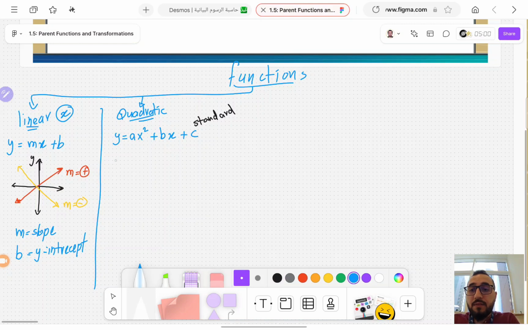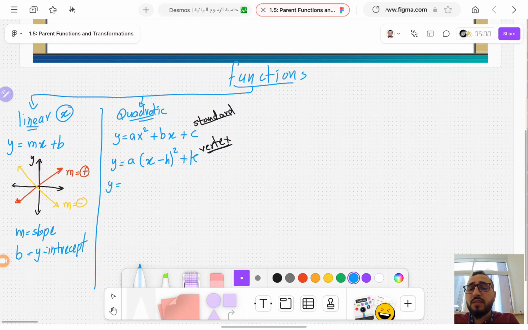The second form of the quadratic is the vertex form, or the graphing form: y equals a times (x minus h) to the power of 2 plus k. We call it the vertex or graphing form, and it is easier to graph any quadratic with it because you know the center from h and k.